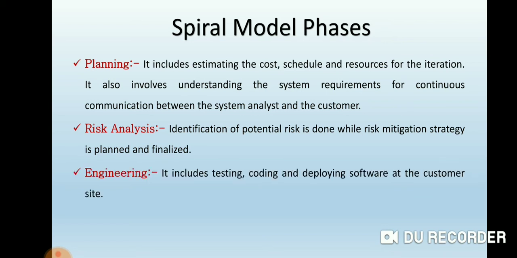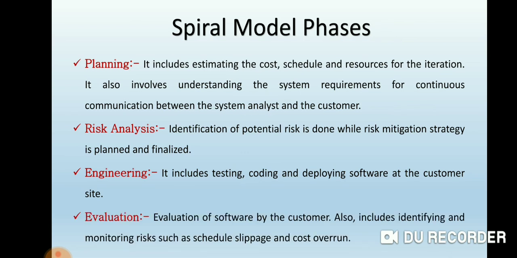Engineering: it includes testing, coding, and deploying software at the customer side. Evaluation: evaluation of software by the customer also includes identifying and monitoring risks such as schedule slippage and cost overrun.